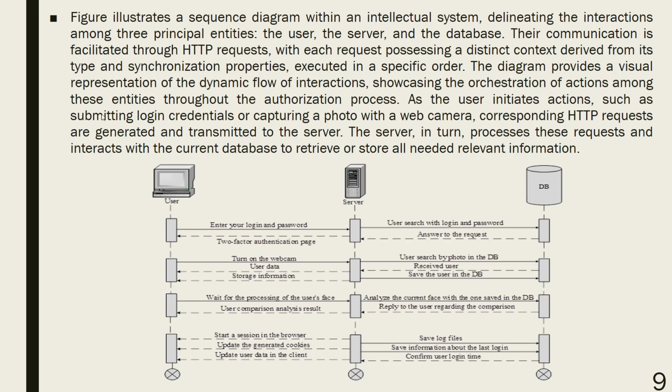The diagram provides a visual representation of a dynamic flow of interactions, showcasing the orchestration of action among the entities throughout the authorization process. As the user initiates actions, such as submitting login credentials or capturing a photo with a web camera, corresponding HTTP requests are generated and transmitted to the server. The server in turn processes these requests and interacts with the current database to retrieve or store all needed relevant information.